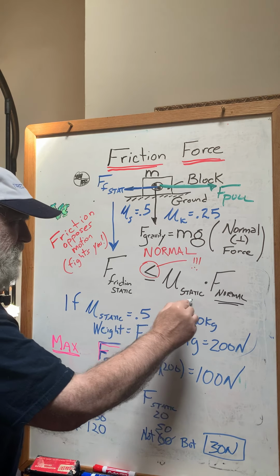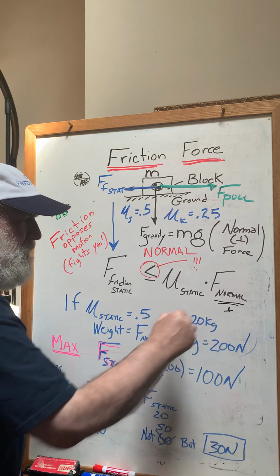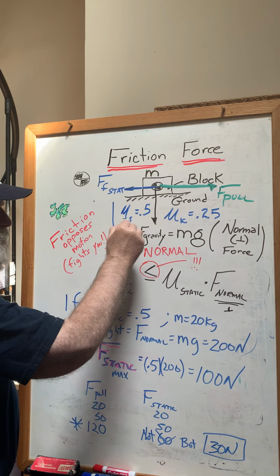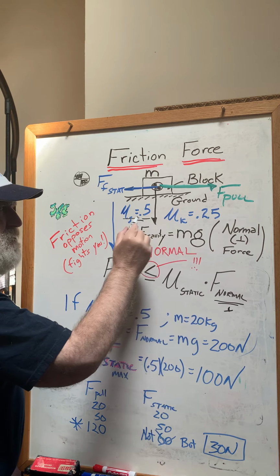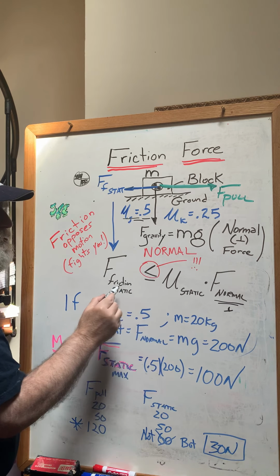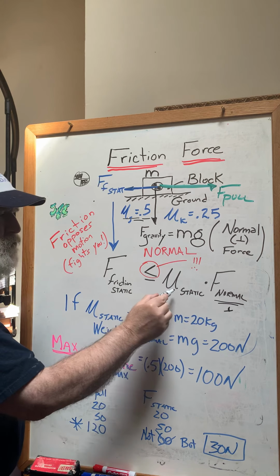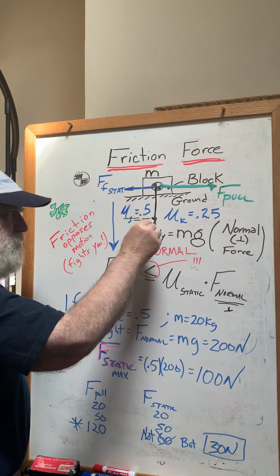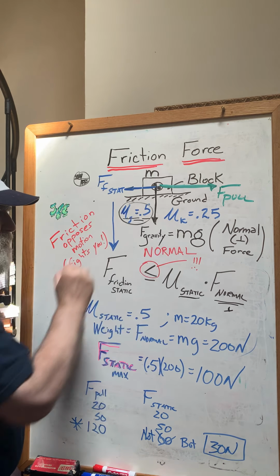The normal force, F perpendicular, times the static coefficient of friction, which is always larger than the moving one, because it takes more force to get something moving than to keep it moving. The static friction can put up as much force as the normal force times the static coefficient.